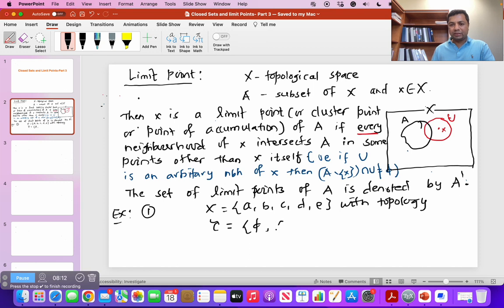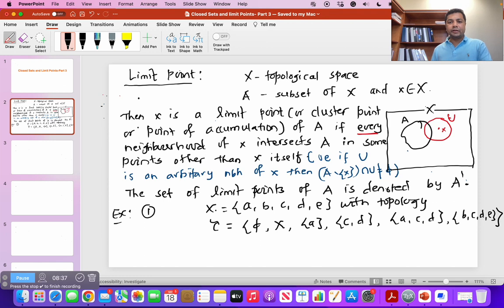It's obviously the empty set is in the topology, and the whole set X is in the topology, and this one-point set {a}, the two-point set {c, d}, the three-point set {a, c, d}, and the four-point set {b, c, d, e}. Okay, so we are considering this topological space with this topology. Now let's see which points of X are limit points of the set {a, b, c}.